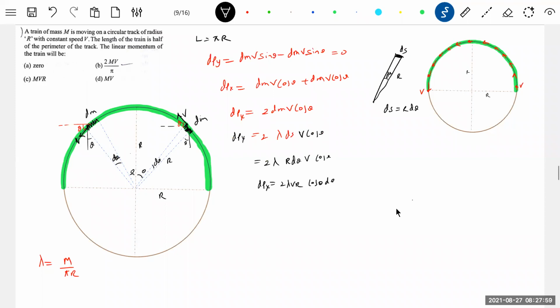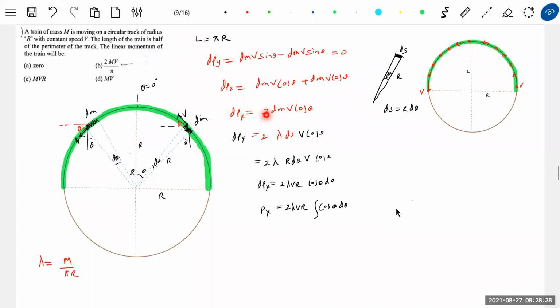What should be the limits? This is the theta equal to 0 degree line. So 2 lambda v r cos theta d theta. I want the limits from the student. I'll add up the momentum of this. I assume two elements, so if I rotate this d theta from 0 to 90, I'll get the momentum due to this.